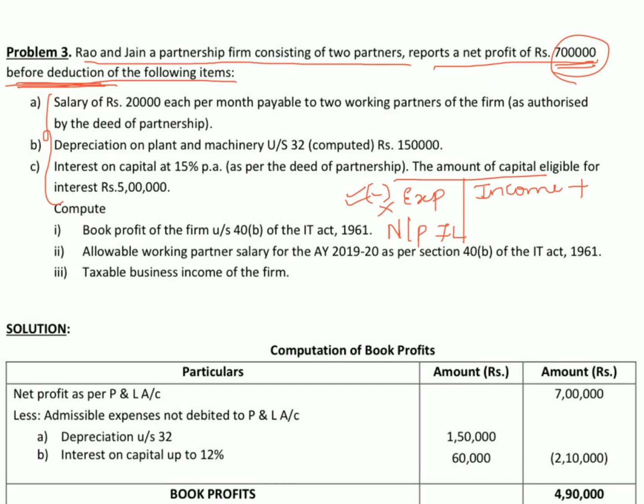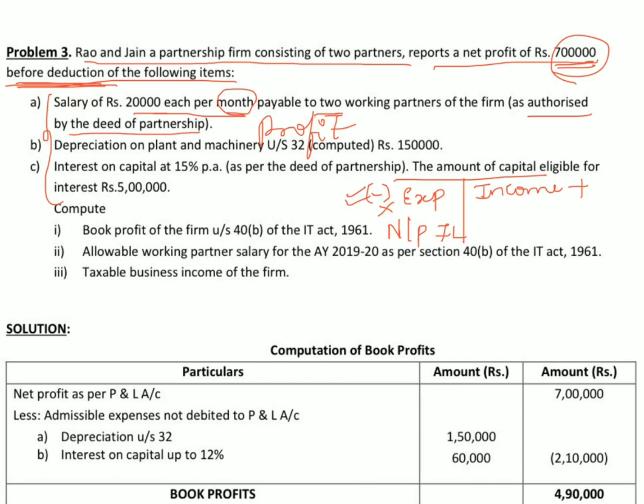So, the first point is salary of rupees 20,000 each per month payable to two working partners of the firm as authorized by the partnership deed. For the purpose of assessing a partnership firm, the income paid by the firm to its partners is called profit and not salary, bonus or commission.